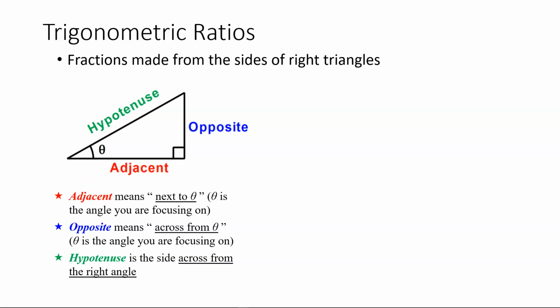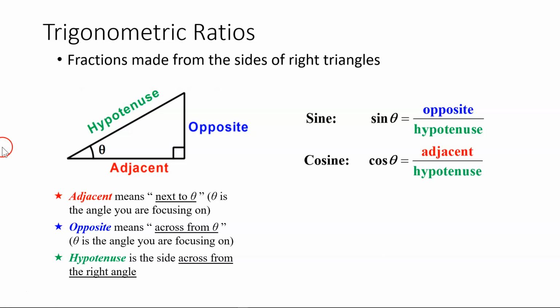The first one is sine, which is defined as the opposite side divided by the hypotenuse. So the sine of the angle is opposite over hypotenuse. The second one is cosine, which is the adjacent side divided by the hypotenuse.